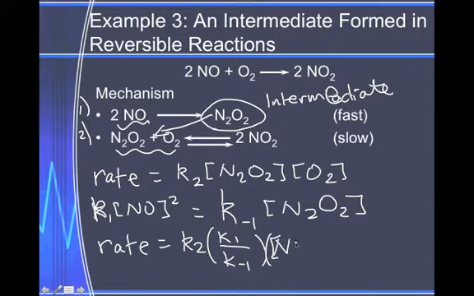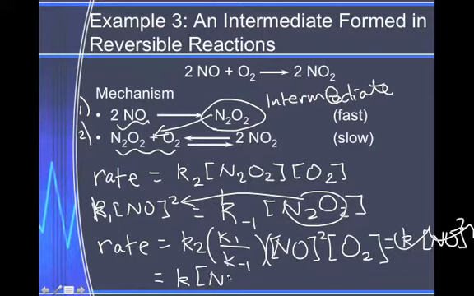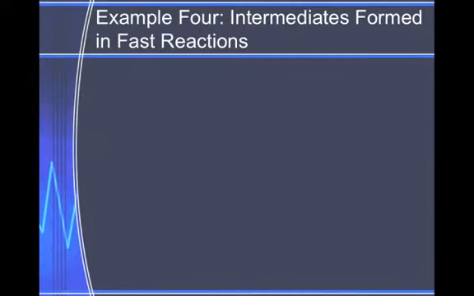So I have the concentration of NO squared times O2. Why? Because this came from this. So I put one in the place of the other. So I get my overall rate law, k times [NO]² times [O2] to the first power.